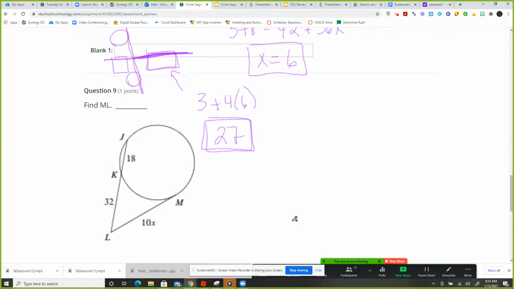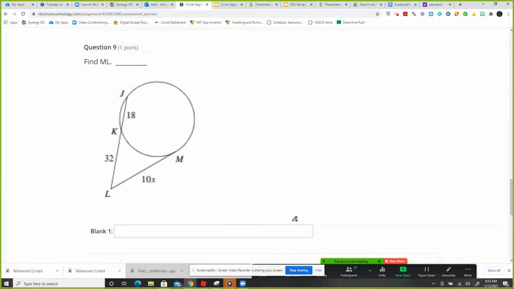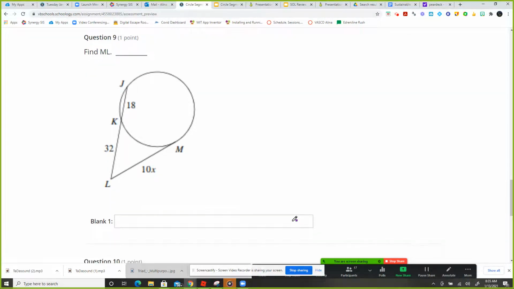All right, number 9, I'm going to give you a minute or two to do this one on your own. See if you can set it up. Inside times the total equals outside times the total. See if you can work this out on your own paper and see what you get.